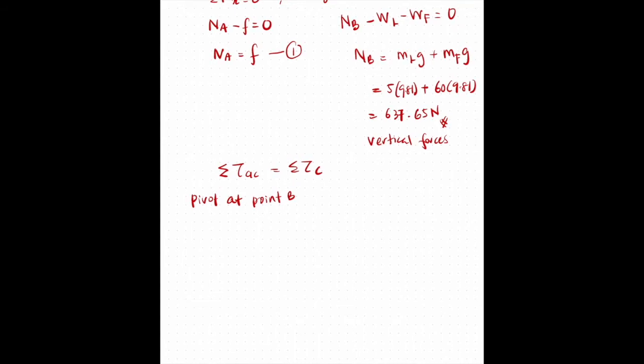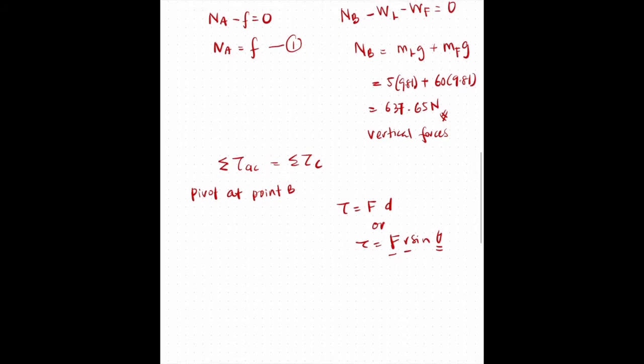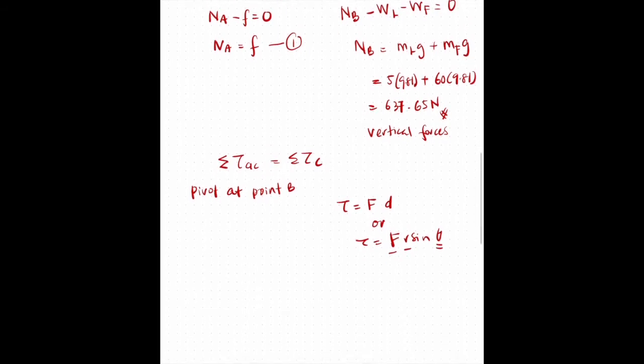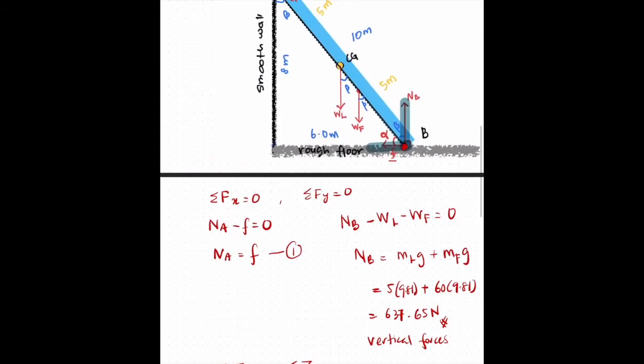We know that torque is equal to FD, or you can use torque equal to FR sine theta. Theta is the angle between F and R. Torque is measured from the axis of rotation. Now this is our pivot point, which is the axis of rotation.